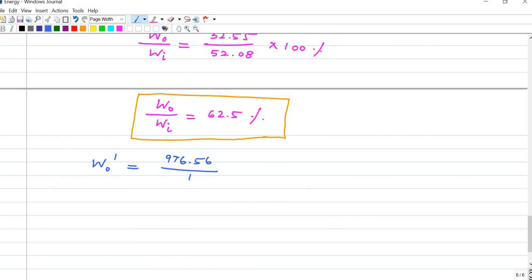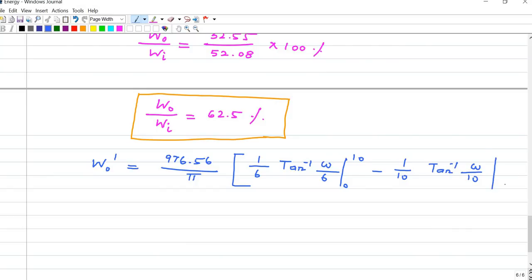976.56 divided by pi, 1 over 6 tan inverse omega over 6, 0 to 10. Now the integral limits are 0 to 10. Similarly, 1 over 10 tan inverse omega by 10, 0 to 10. You need to use calculators in radian mode. Try to simplify this and give your result.